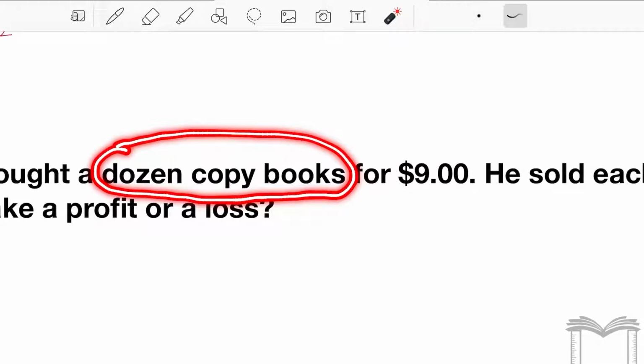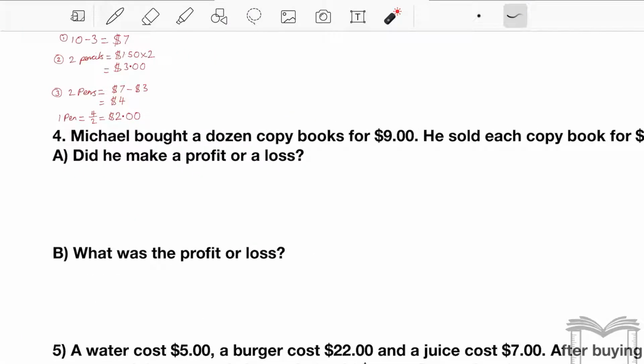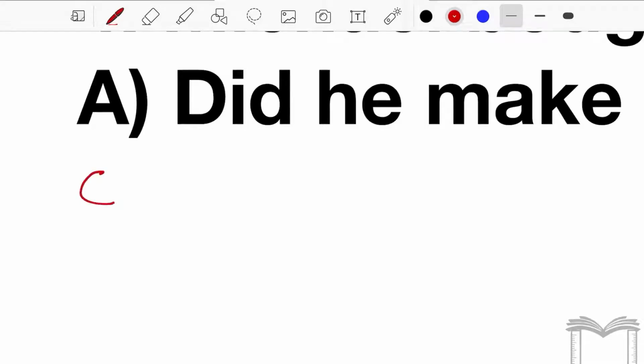If they wanted for one copybook, they would have said so. So let's begin. How do we know what the profit or the loss is? We must first determine, we need to know the cost price, and we need to know the selling price.